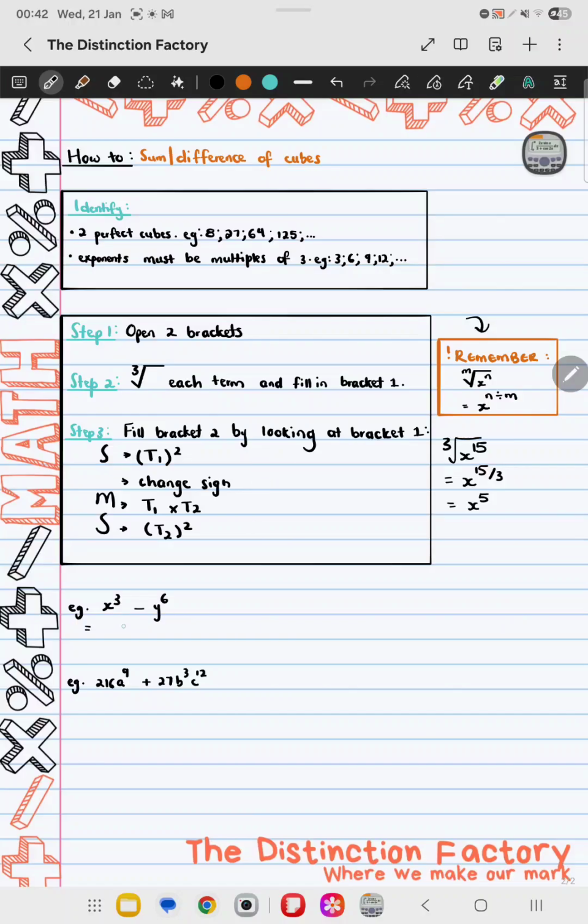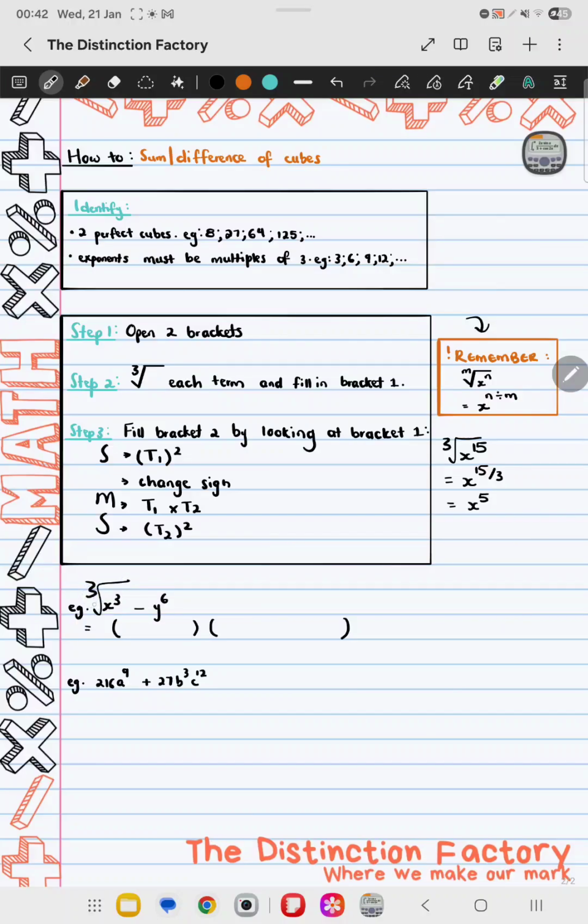So let's put this into some practice. We've got x to the power of 3 minus y to the power of 6 down here in our example. And our first step says that we need to open out two brackets. Our second step says that we need to cube root each term and fill it into bracket 1.